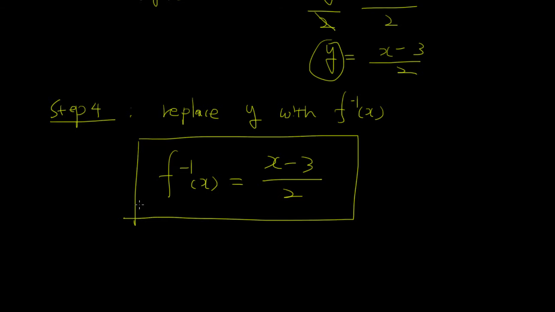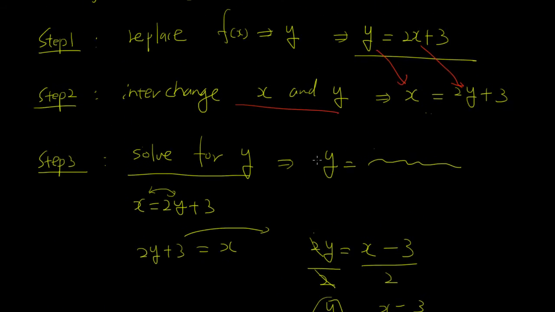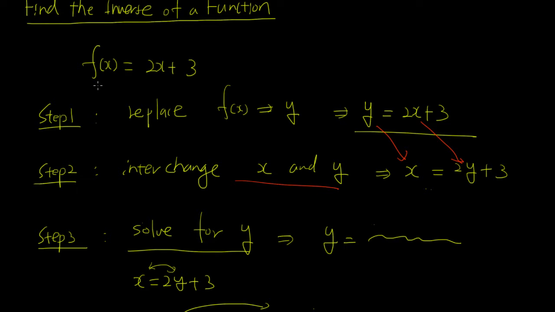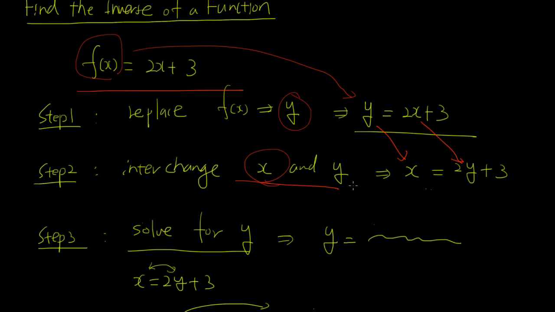So let's recap. We start with this function. First thing that we did, we replaced this f of x with the y. So just rewriting that as y like this. And then interchange x and y.